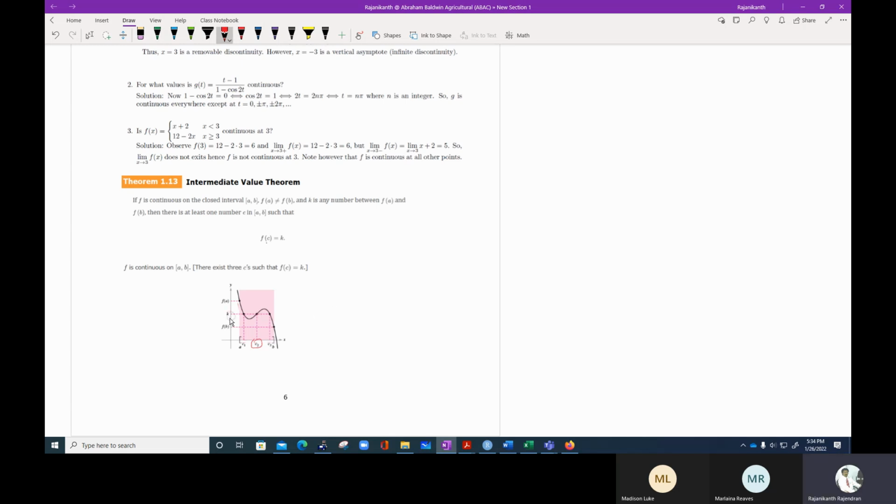It is always possible to find one k between f of A and f of B, such that f of C equals k. This is called the intermediate value theorem. So you can always find one point C in the domain such that the function value at C equals that k.